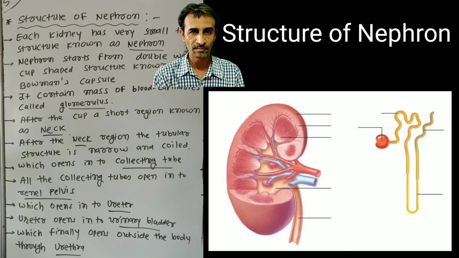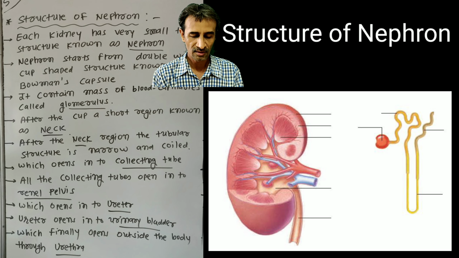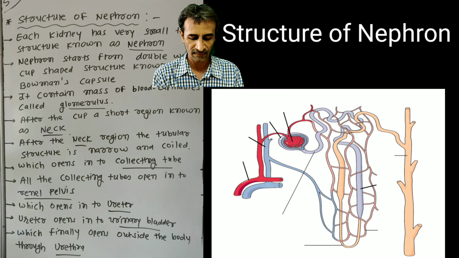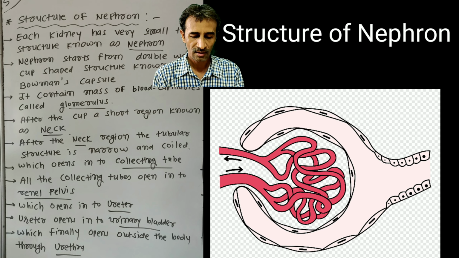Now the structure of the nephron. Each kidney contains small tubular structures known as nephrons. The initial, or anterior, starting part of the nephron forms a double-walled cup-like structure, known as the Bowman's capsule, which contains a mass of blood capillaries known as the glomerulus.